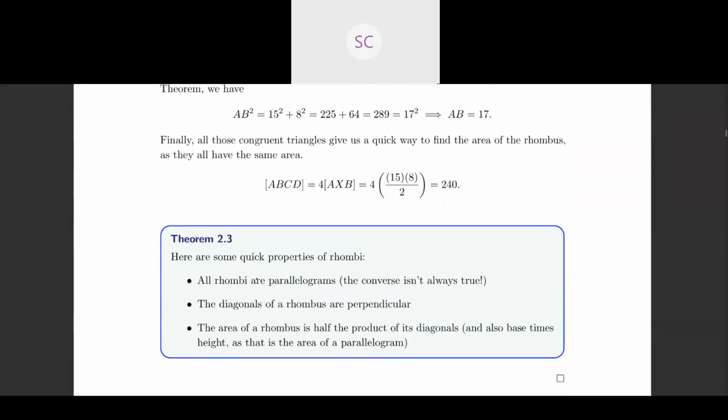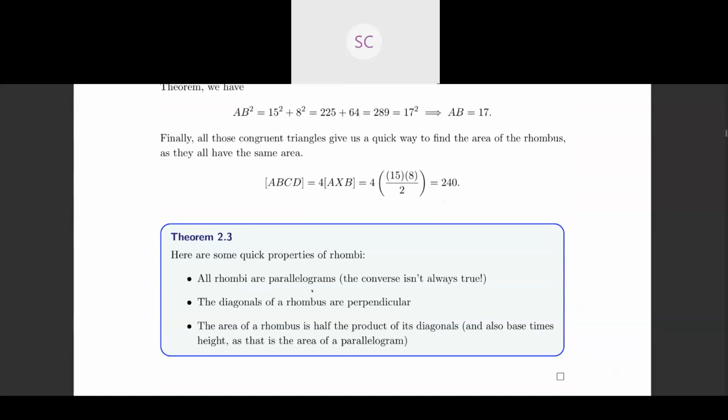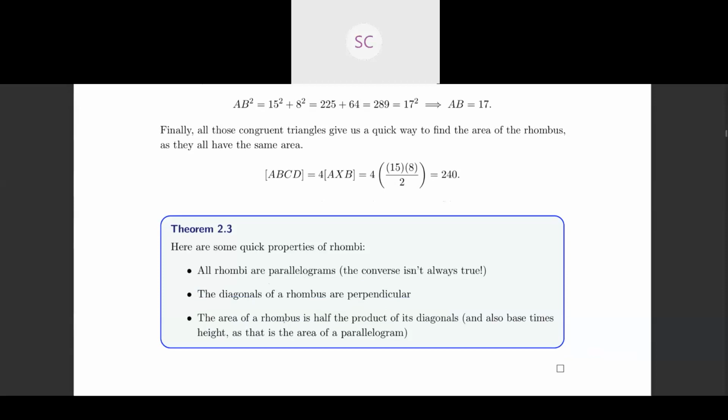And here, just a quick summary of rhombi. All rhombi are parallelograms, and this is because opposite sides are parallel. But notice that the opposite isn't true. You can't say that all parallelograms are rhombi because you're not guaranteed to have all sides be the same length. Similarly, we already proved this, but the diagonals of a rhombus are perpendicular.